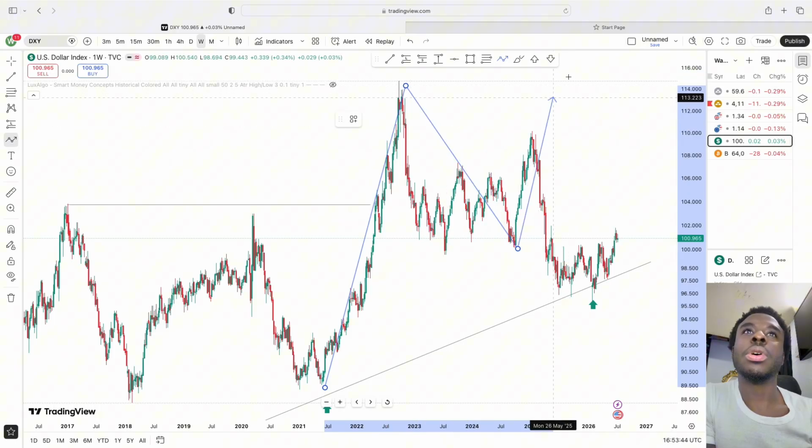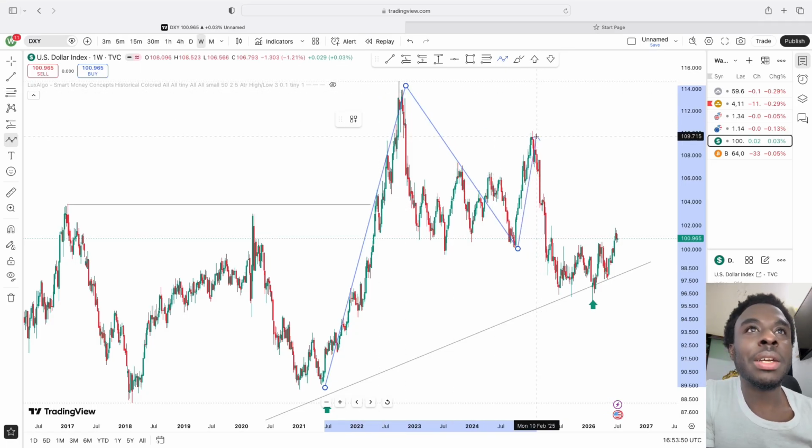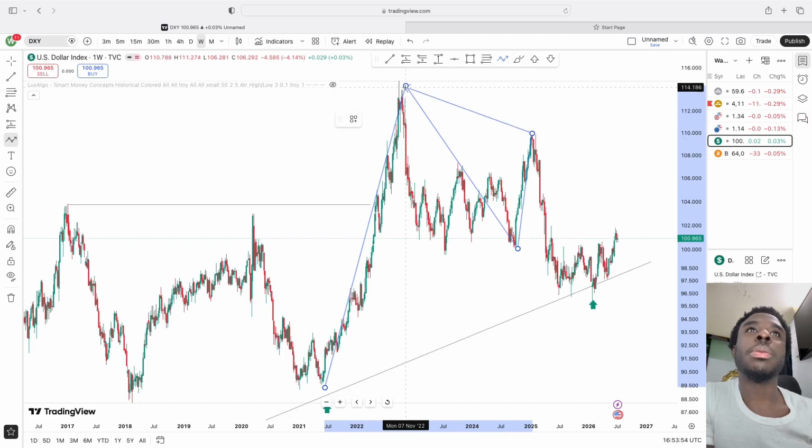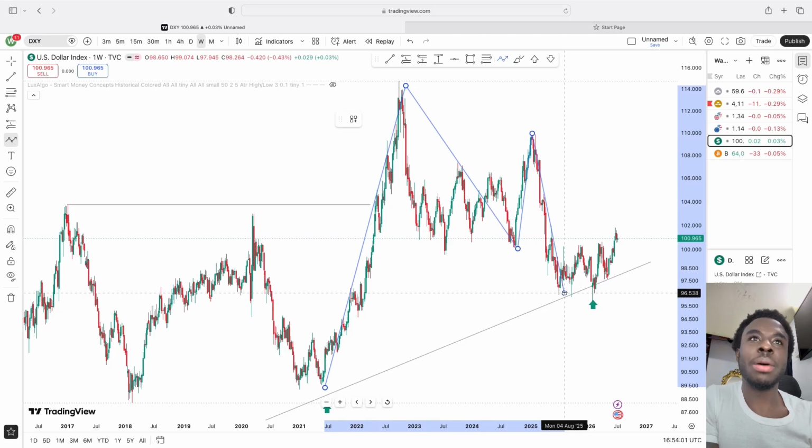So we should have gotten something like a continuation to break this previous high, but we can clearly see that market couldn't break this previous high. We got some kind of low over here that couldn't break this high, and it ended up breaking this low, right? So that should tell you something.